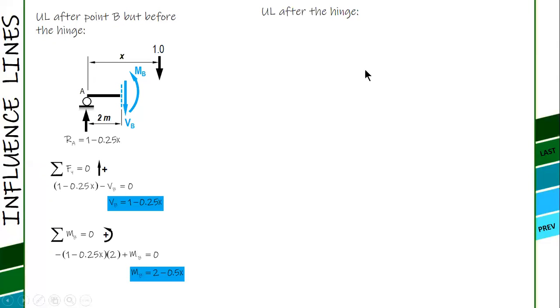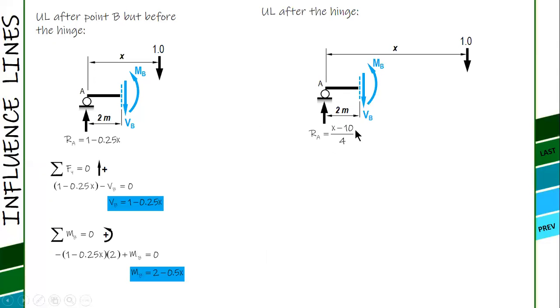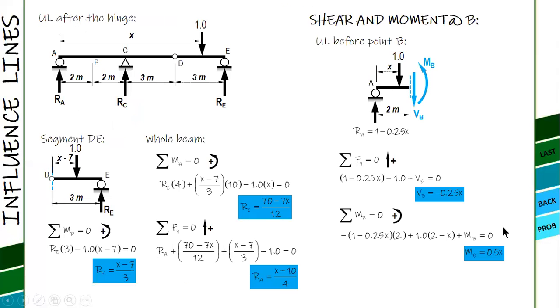And then the last one, unit load after the hinge. Another load after the hinge. Shear, moment. The reaction here is X minus 10 over 4.